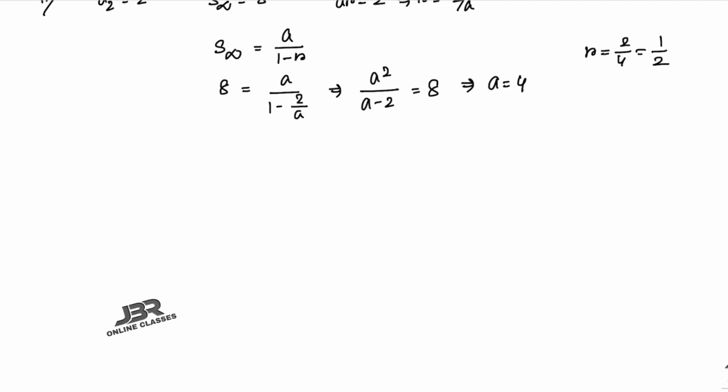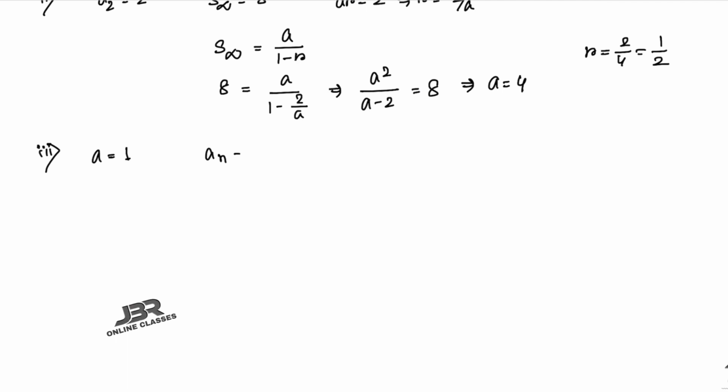Now number 3. The first term of the infinite GP is 1. So here a equal to 1. Any term is equal to the sum of all the succeeding terms. Find the GP. So here a equal to 1.